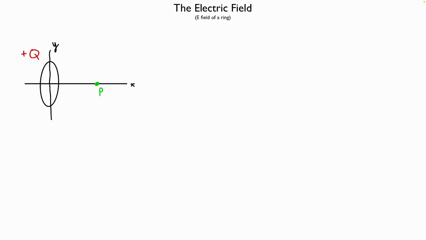At point P, is there going to be an electric field vector that's caused by, say, this point on the top of the ring? Yes. There's a little piece of charge right here, a little piece of charge, a little piece of all the little pieces of charge, right? So if I've got a bunch of little pieces of charge, I've got to find the electric field from each one of those and then add them all together.